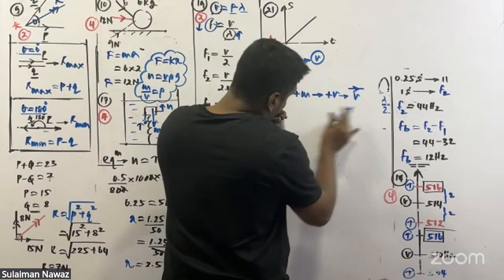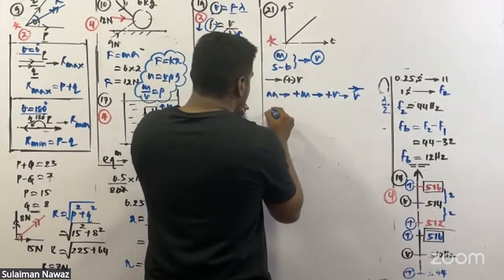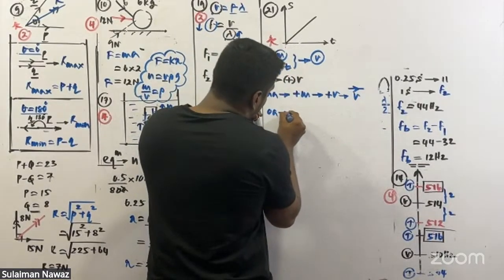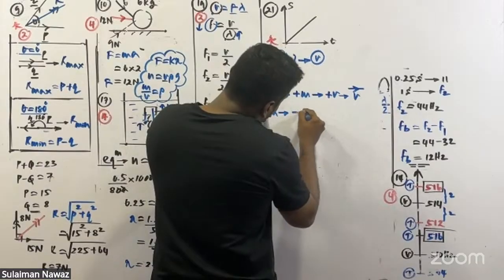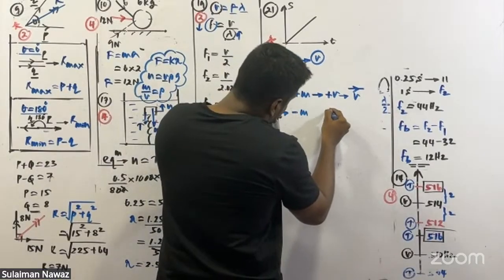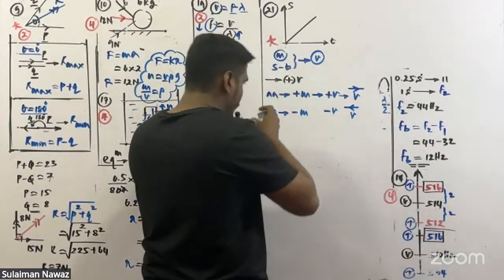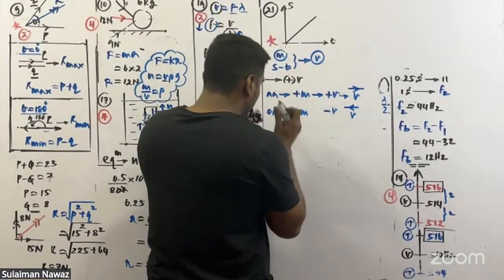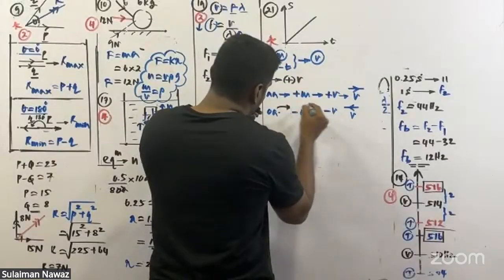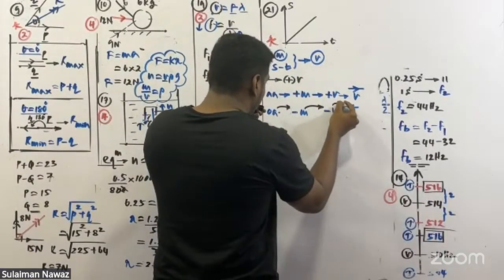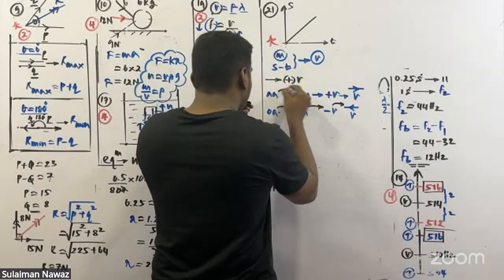If the angle is obtuse, there is a negative gradient, which means negative velocity, left side velocity. Short note idea.